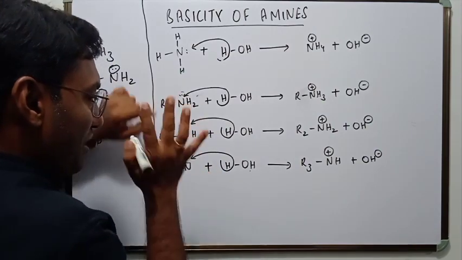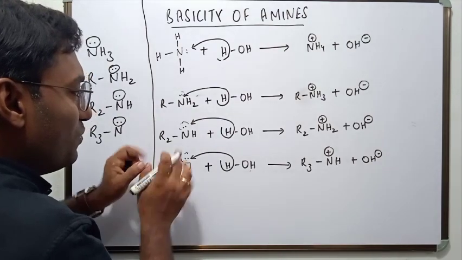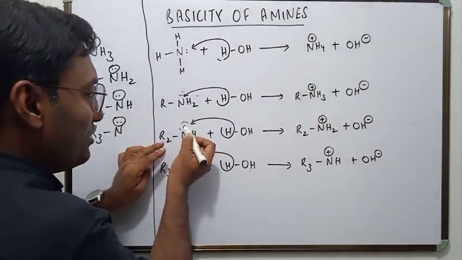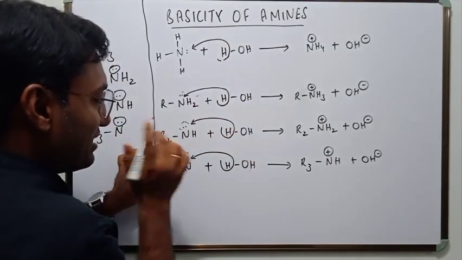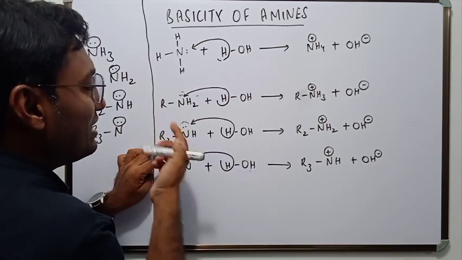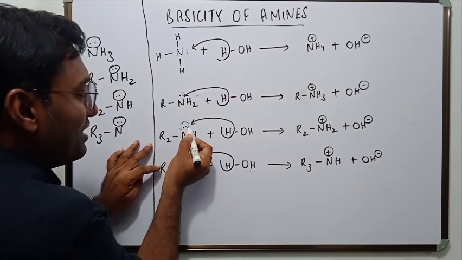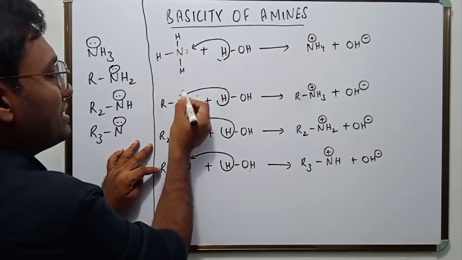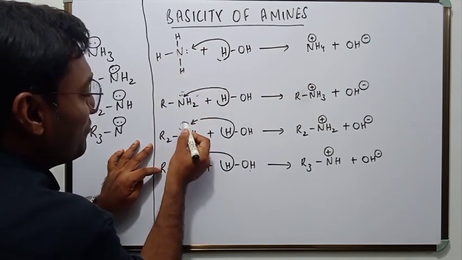And what is a Lewis base? Lewis bases are compounds that donate a pair of electrons. Are ammonia or the aliphatic amines here, primary, secondary and tertiary, donating a pair of electrons? Yes.